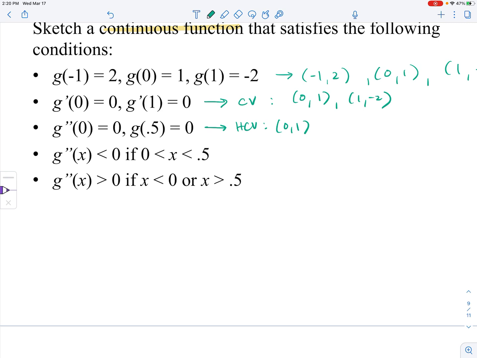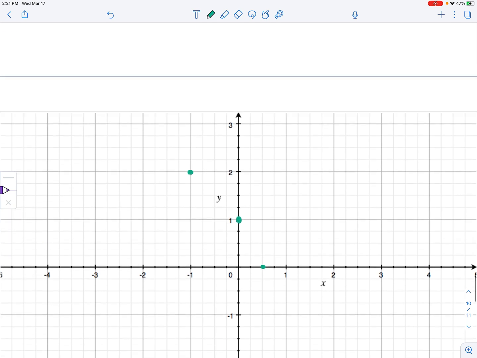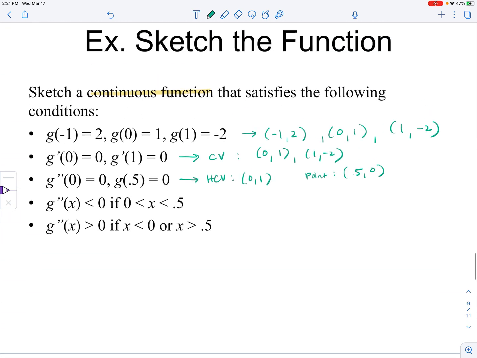Okay, so that tells me I bet (0, 1) is possibly a point of inflection. It's either a local extrema or a point of inflection. And then (0.5, 0) is just another point that we're given. And we can graph that point.